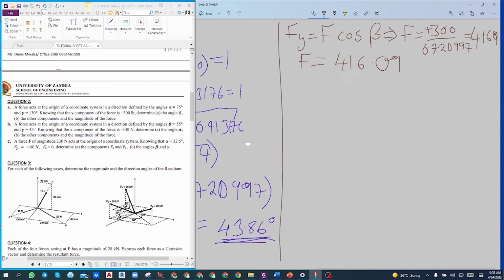Okay. After we find it there, then remember this is pounds, then we can find our Fx.